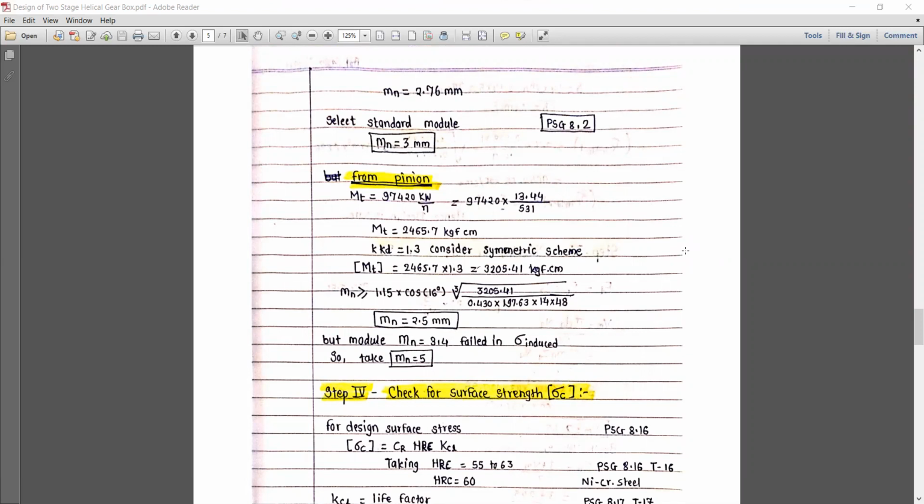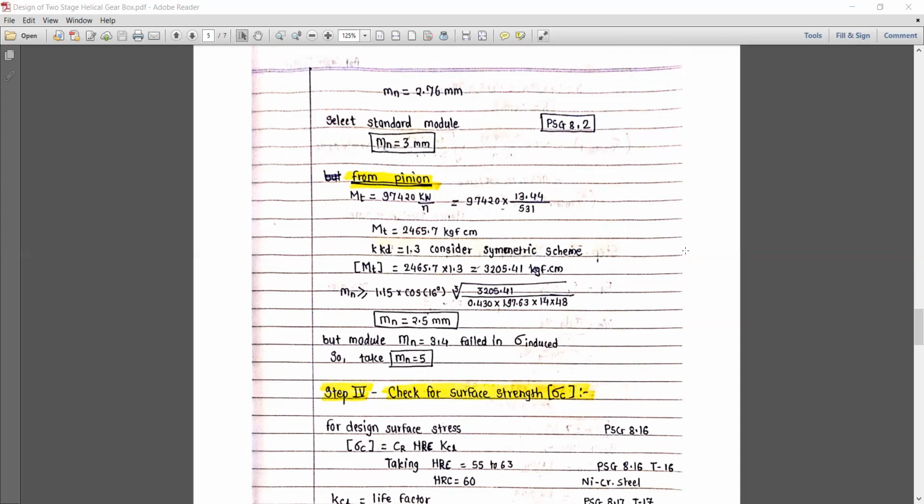This module is in the case of gear, but for pinion we also calculate the value, that MT is equal to 97420 kilowatt divided by N. Here we are putting the values of kilowatt and N. What we get, the design MT is 3205.41 kg centimeter.